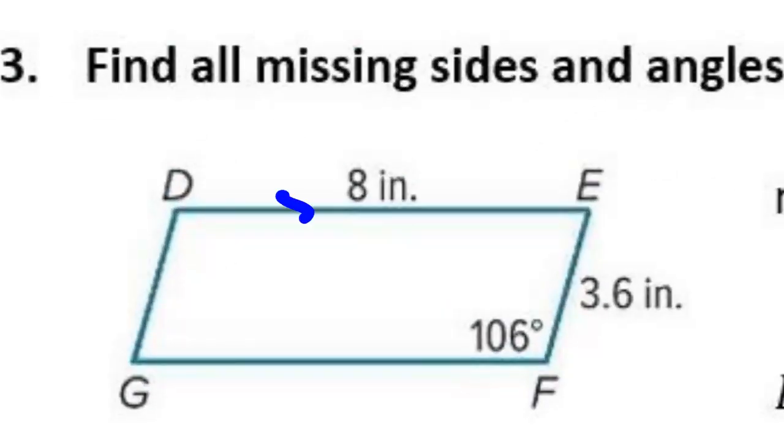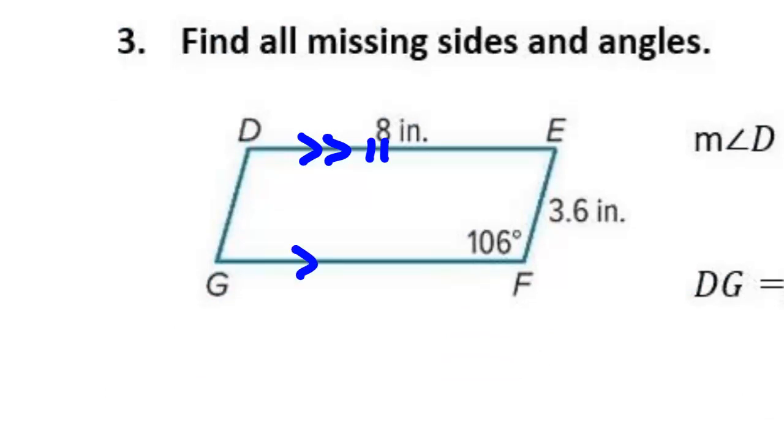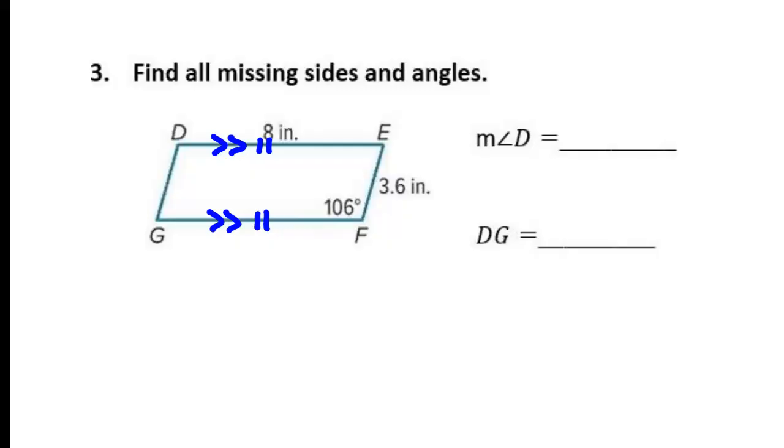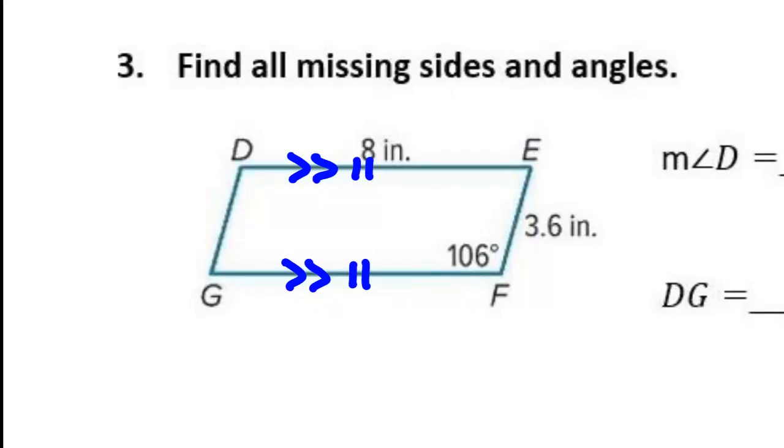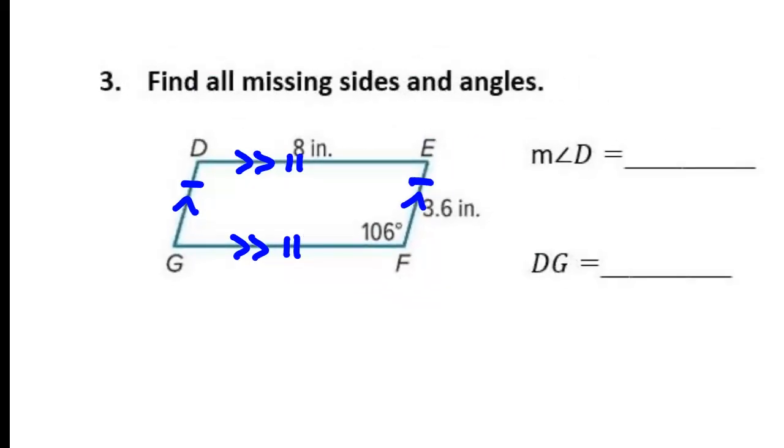GF. DE and GF are not only congruent, but they are parallel. What else could we mark on this picture? What else do we know? And congruent, yes. DG and EF are parallel and congruent.